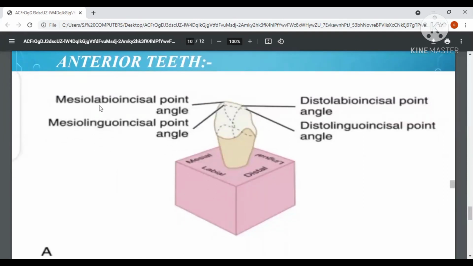Let's see. Mesio means mesial surface, right? Labial is for labial surface and incisal is for incisal surface, right? In anteriors we call it incisal surface and in posteriors we call it occlusal surface. We have a total of 4 point angles in anterior teeth and 4 point angles in posterior teeth as well.